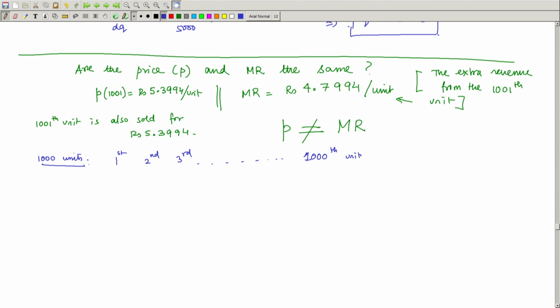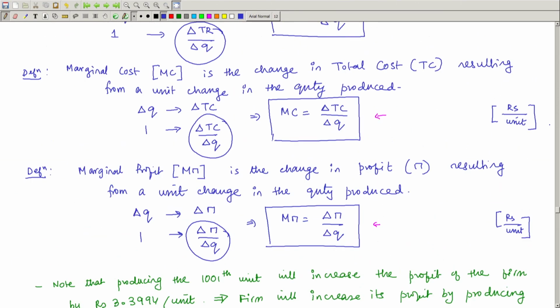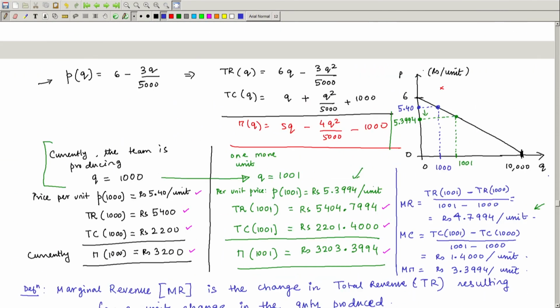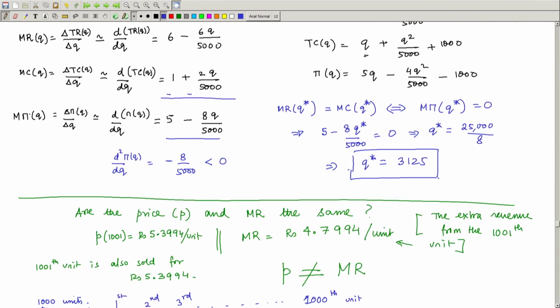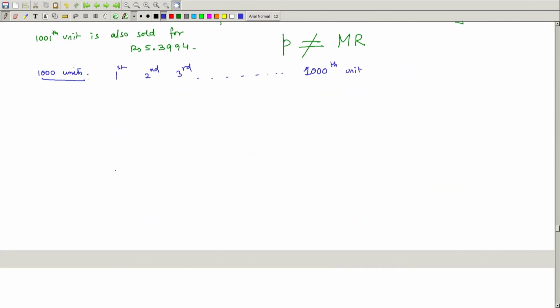For each one of these units, the price that the firm was charging is actually 5.4. So, the price for 1000 units is 5.4 per unit. I will just put down 5.4 here to indicate that for each one of these units from the first to the 1000th unit, the firm is charging a price of 5.4.